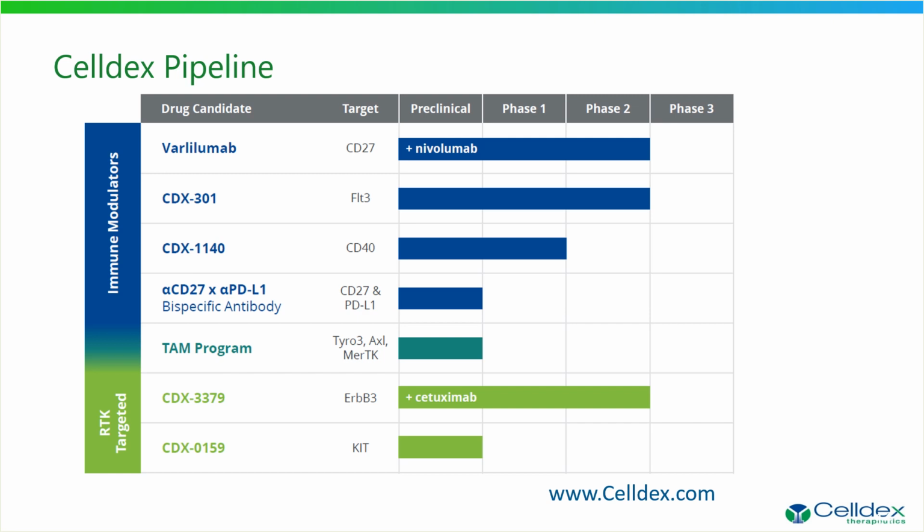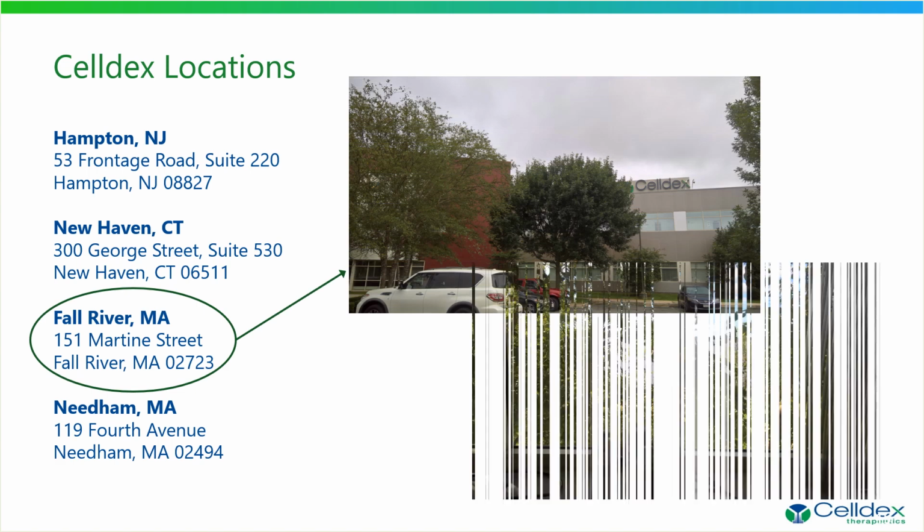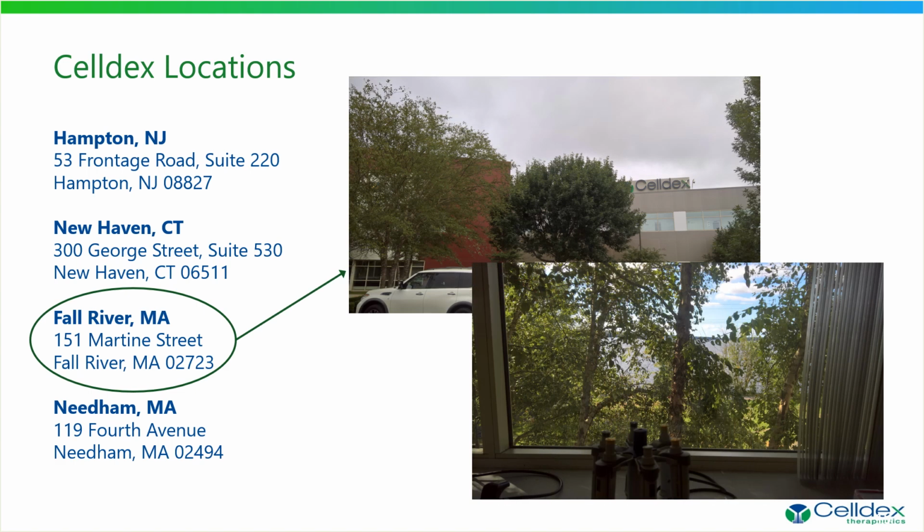For more information on Celldex and our company's development pipeline, which is shown here, please visit our website, celldex.com. Celldex operates at several locations in the Northeast United States. Shannon and I are at the Fall River site, at a building with a lovely view of a pond in the back, as seen here through one of the lab windows.